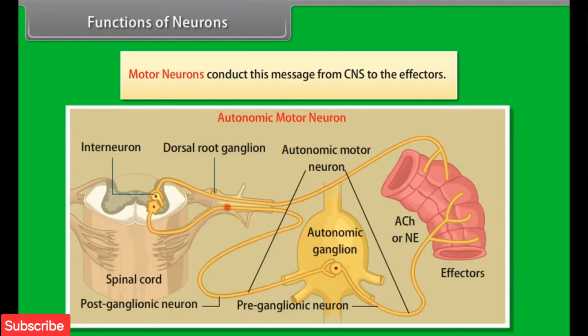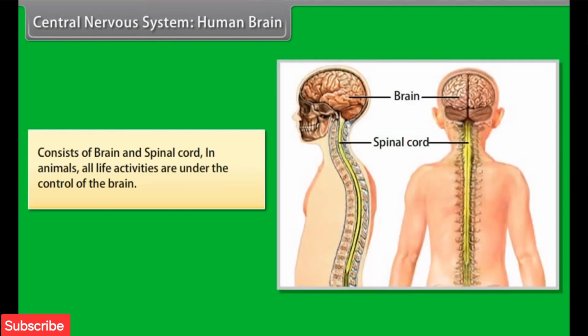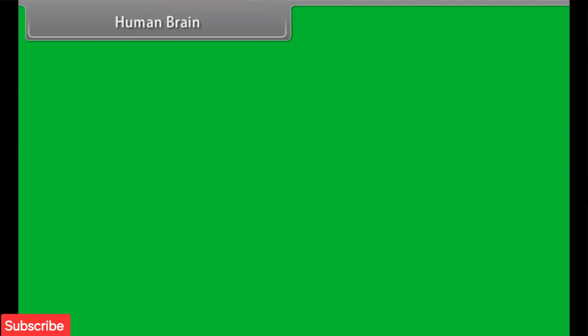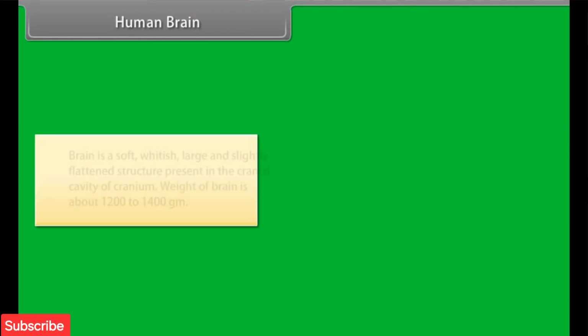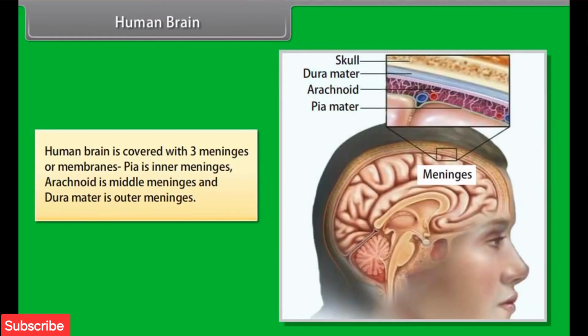Central nervous system. The human CNS consists of the brain and spinal cord. All life activities are under the control of the brain. Human brain. Brain is a soft, whitish, large and slightly flattened structure present in the cranial cavity of the cranium. The weight of the brain is about 1200 to 1400 grams. The human brain is covered with three meninges, or membranes.